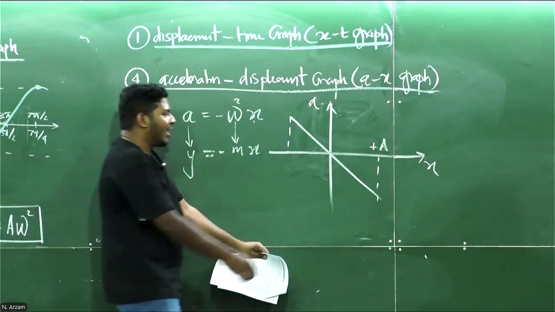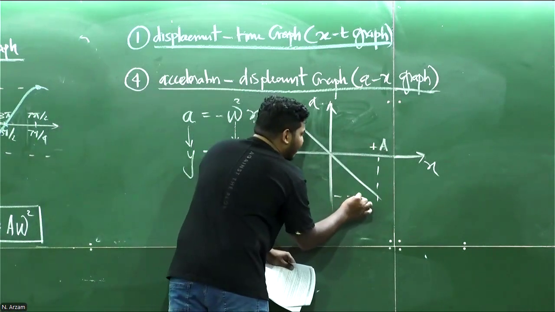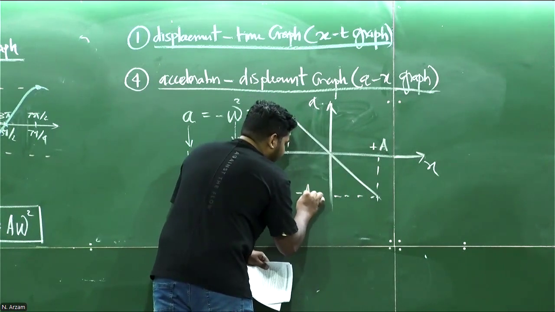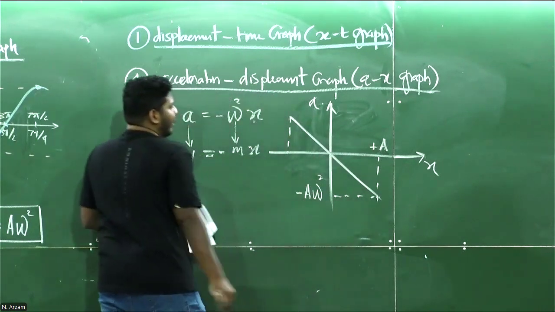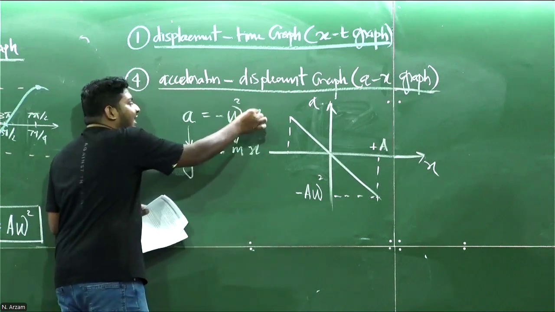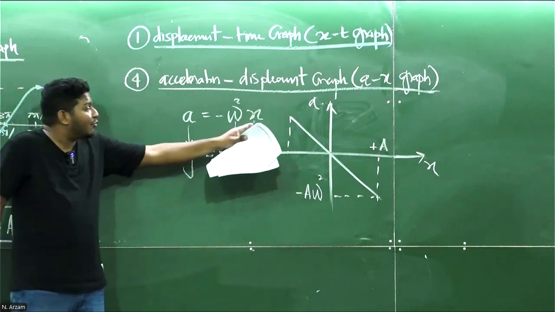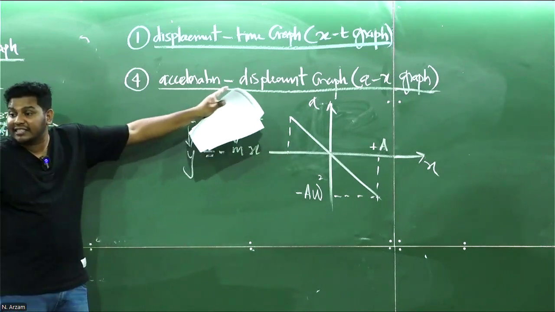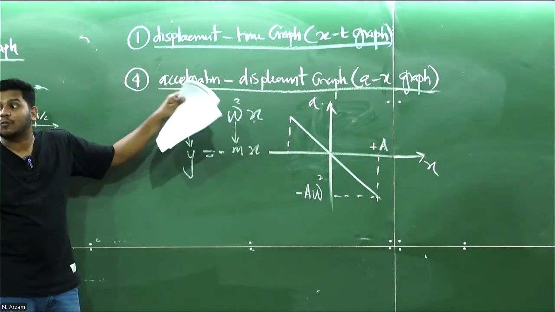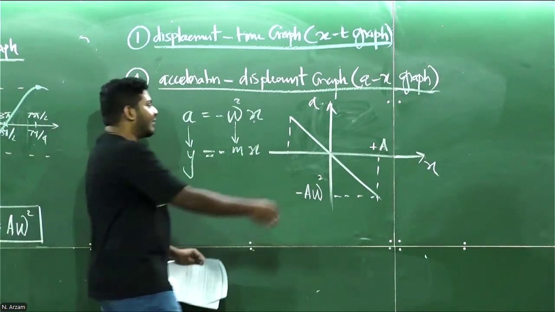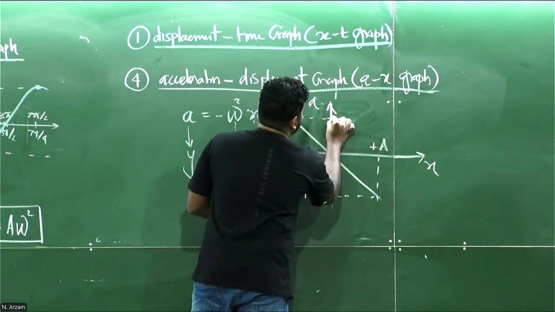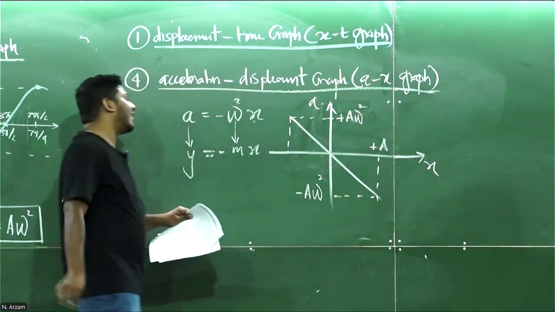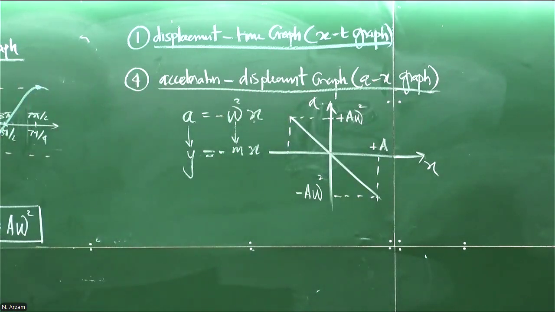So for plus a, the acceleration is minus a omega square. When we substitute minus a here, what is the value for the acceleration? Minus into minus, plus. So plus a omega square. So this is the graph for the acceleration displacement graph.